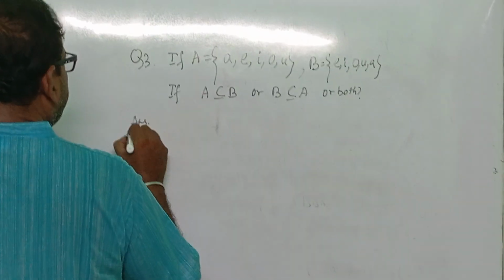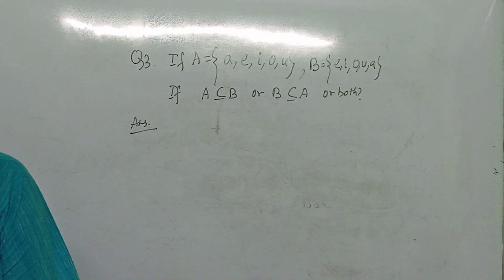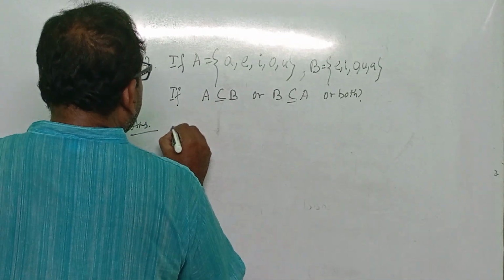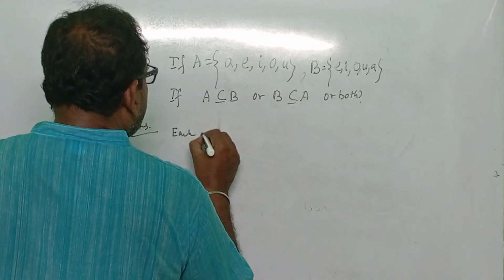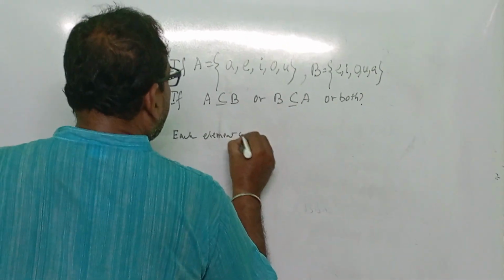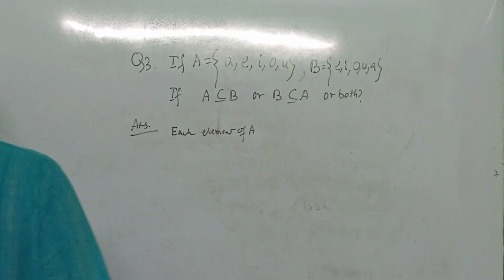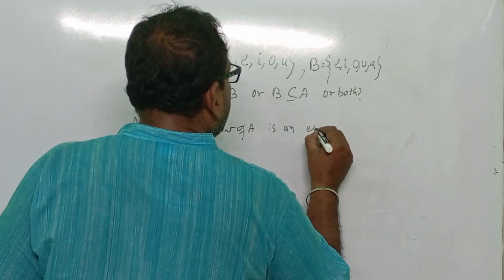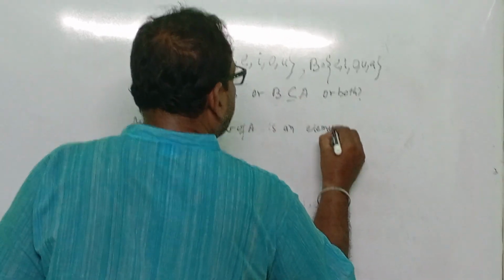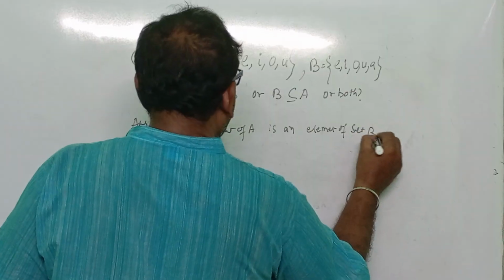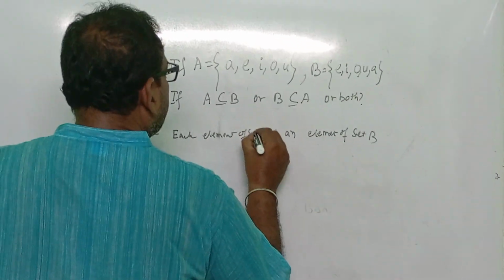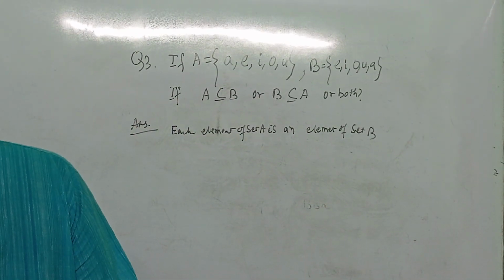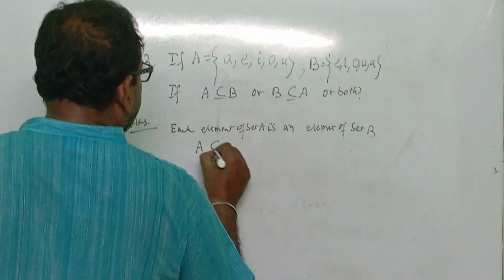Now answer. Each element of set A is an element of set B. So therefore A is a subset of B.